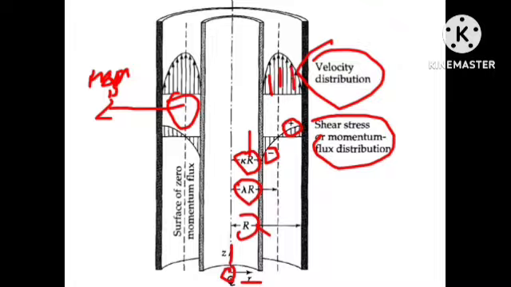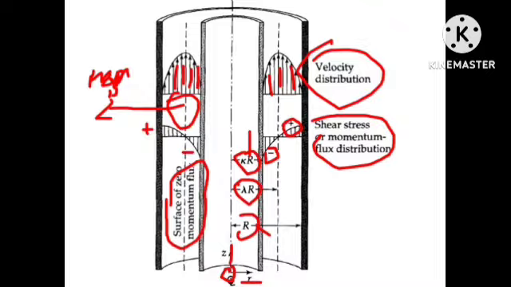In the velocity distribution, this is going upward, and this also is going upward. This is in the plus direction, and this will be in the minus direction. And what is this? This is the surface of zero momentum flux.